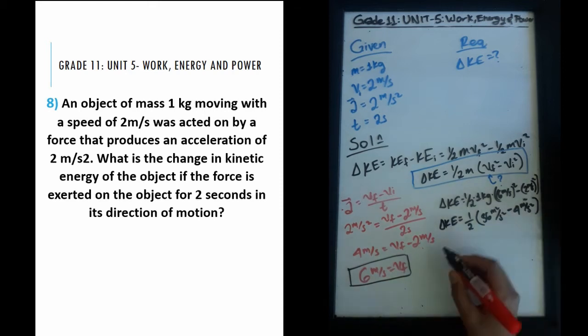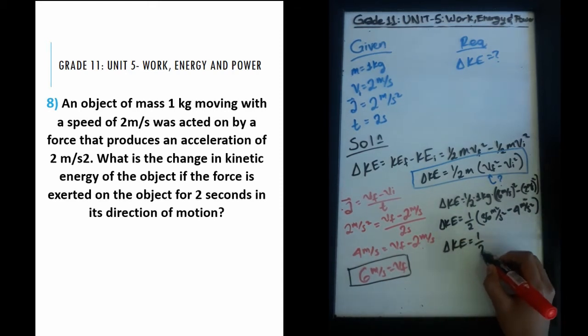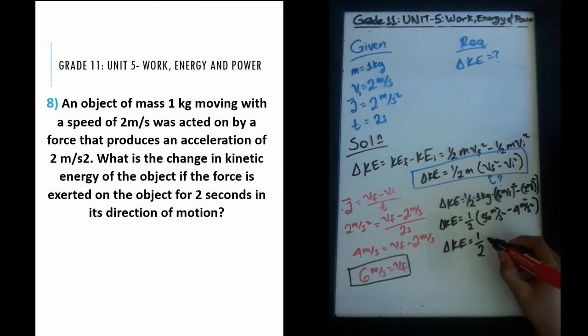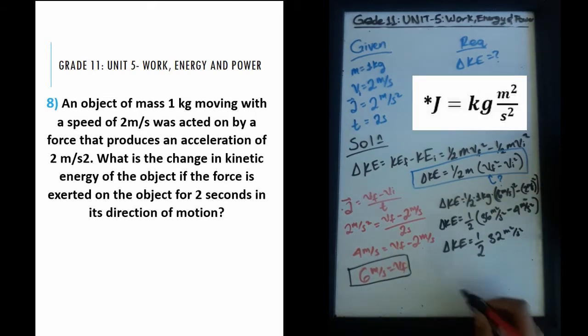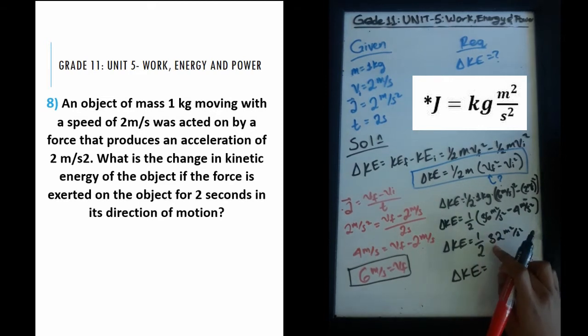All right, so we can just subtract those two. The change in kinetic energy is equal to half the value of 36 minus 4, which is 32 meters squared per second squared. But meters squared per second squared is actually joules, so the change in kinetic energy is equal to 32 divided by 2, 16 joules.